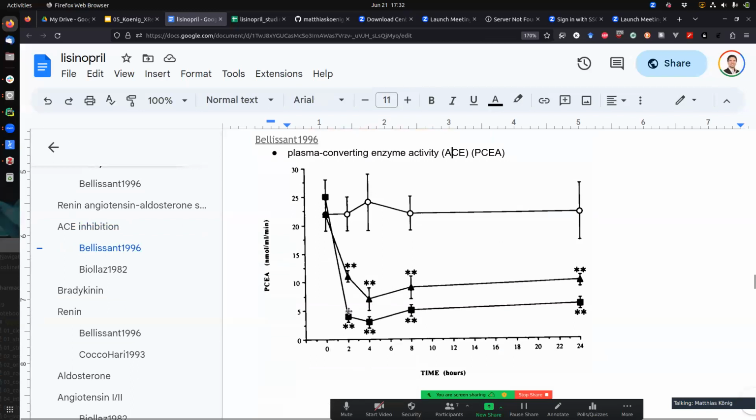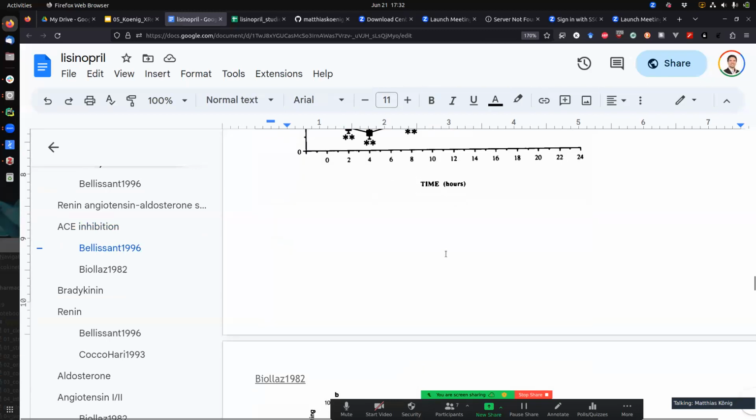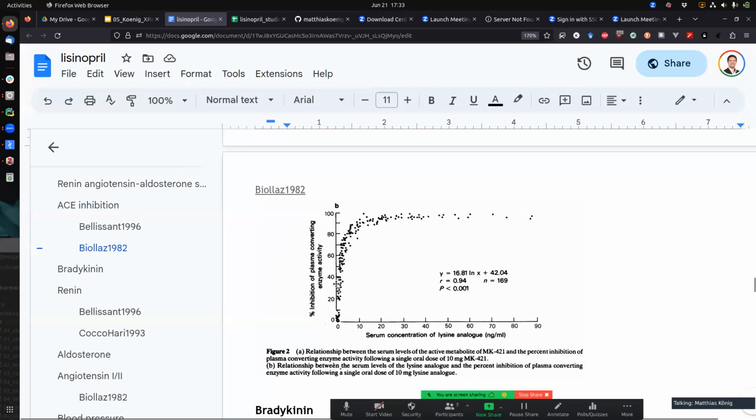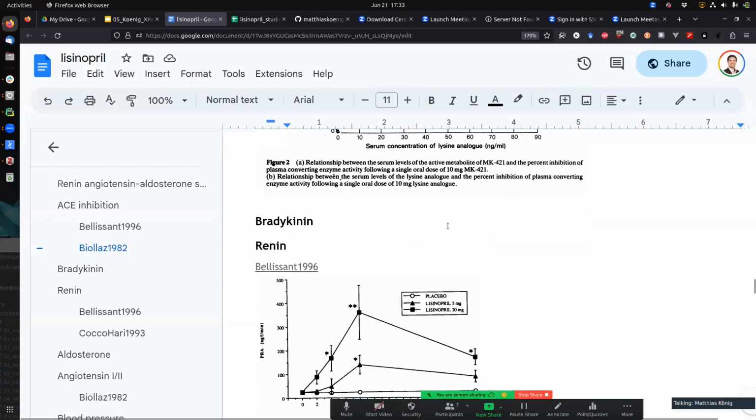The absolute activity of this ACE is going down, and we see this in the dose response curves. This is a pretty nice response. So the inhibition of the ACE should be pretty easy to model and then include into a model.